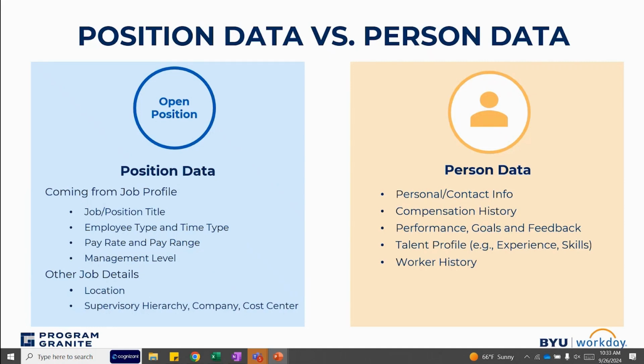They have all that position related information. Now they have their person information, of course, that they're going to keep, and it's going to move with them as they move around at BYU. But that position information, we don't have to go back in and create a brand new position for the new Harper HR. Good so far?